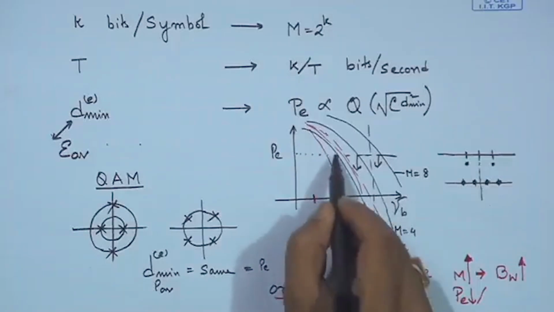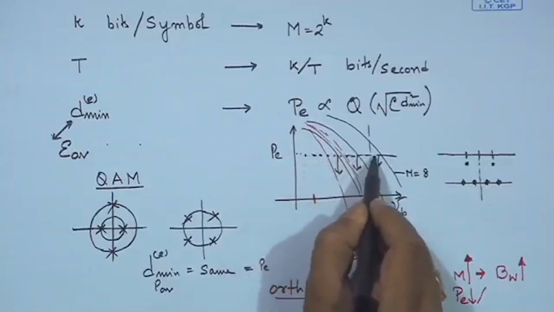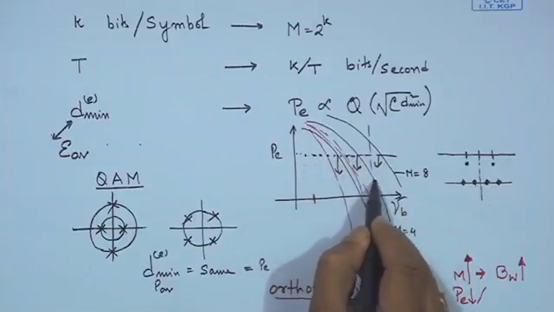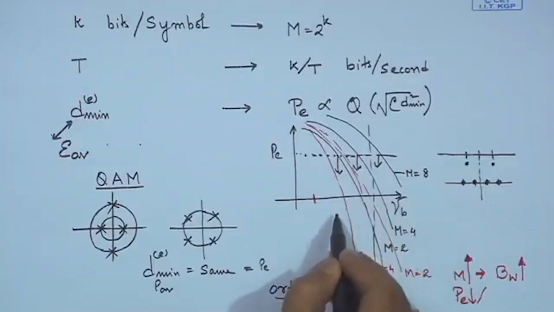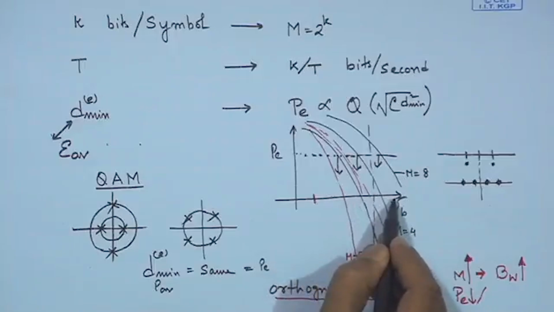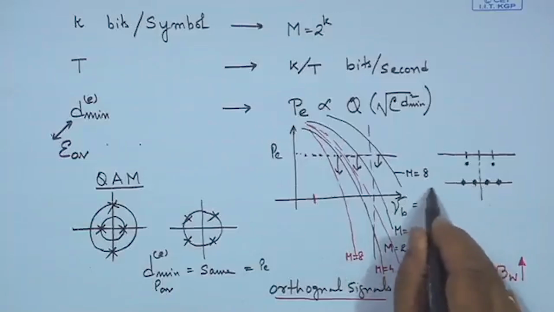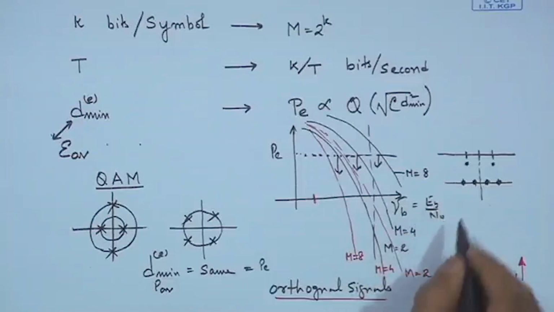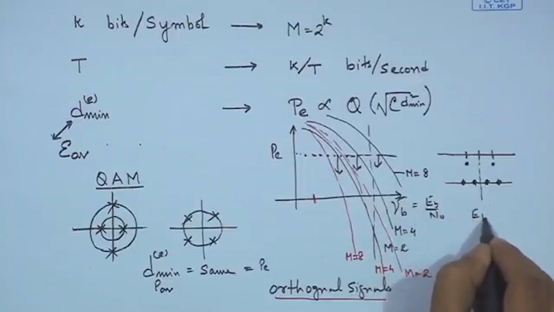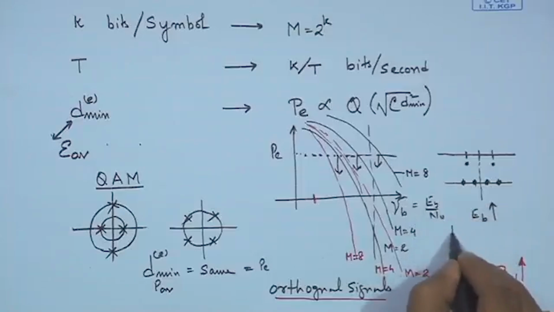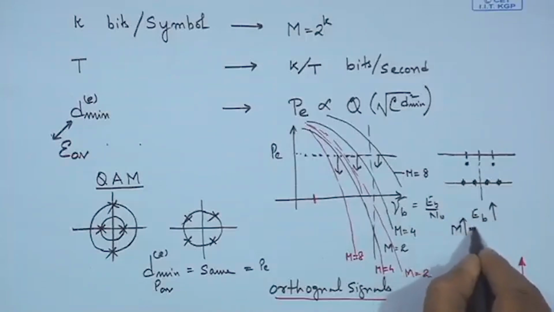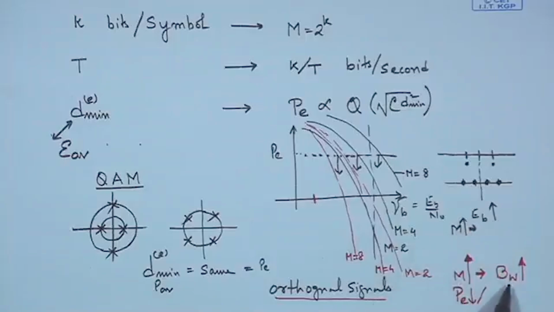That means, if I have to keep the same error probability and increase the m value, I have to keep maintaining a higher E b by N naught. This is E b by N naught, and since N naught is constant, it is in terms of increasing higher E b. So, in one case your requirement on E b should go up as m increases, in the other case the bandwidth requirement goes up.